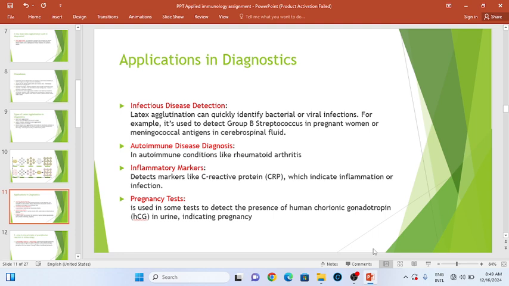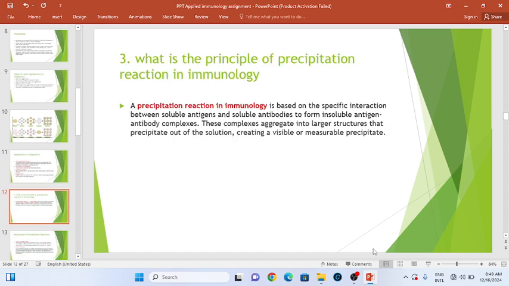Latex agglutination can also be applied in pregnancy tests for detecting the presence of human chorionic gonadotropin in urine as an indicator of pregnancy. Allow me to go on to the question asking about the principle behind the precipitation reaction in immunology.